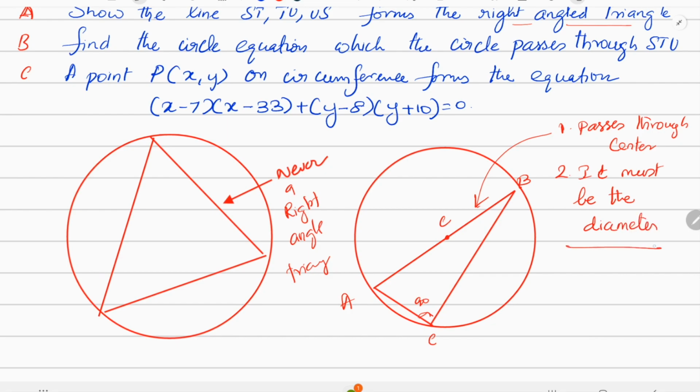If it is so, then for any point on the circumference, the angle will be 90 degree. Okay, this one you need to keep in mind.